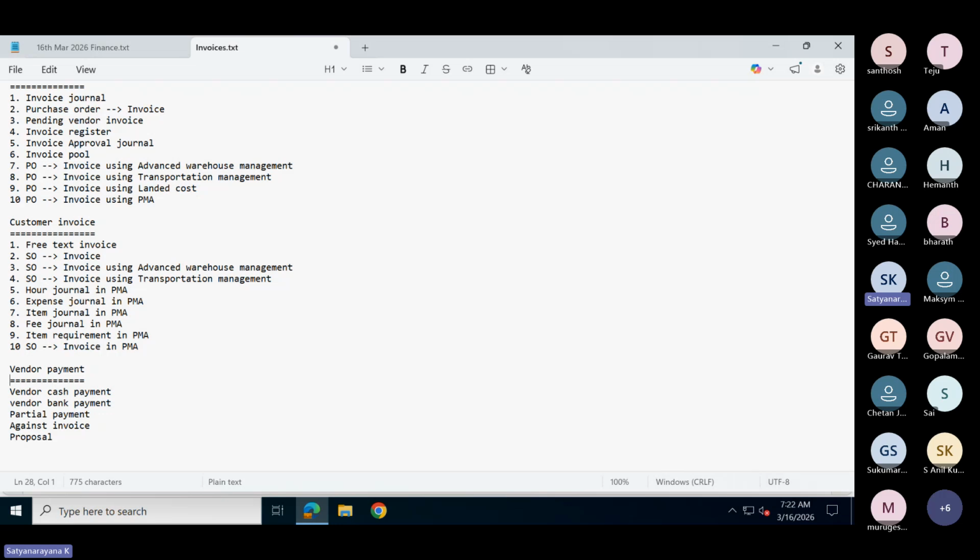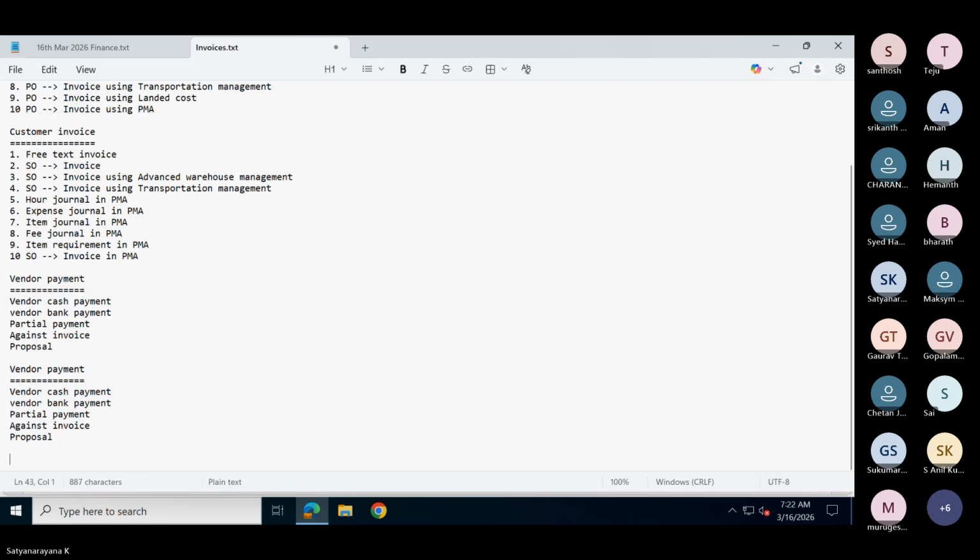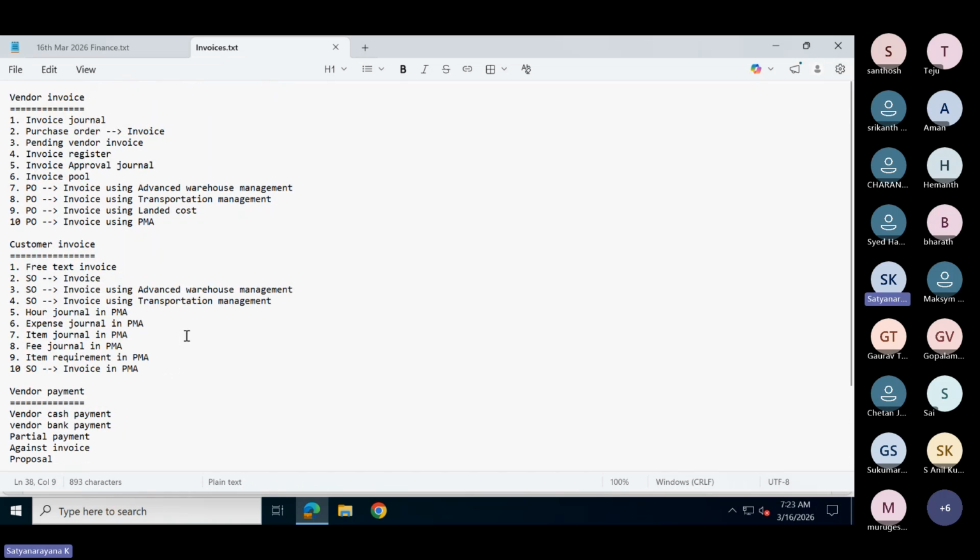Okay, same options for customer also. Customer payment. Customer cash payment, customer bank payment. So all these things you need to learn.